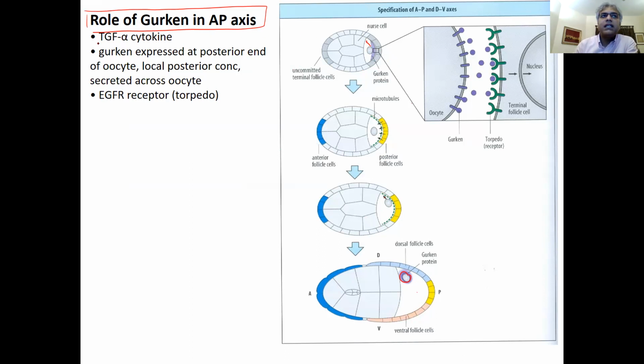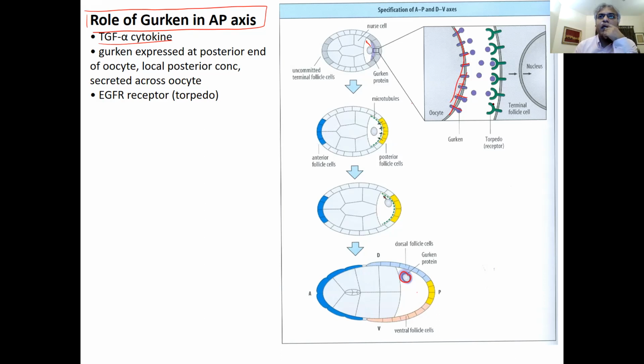It's a TGF-alpha cytokine, and Gurken is expressed right here at the end of the oocyte in the plasma membrane.